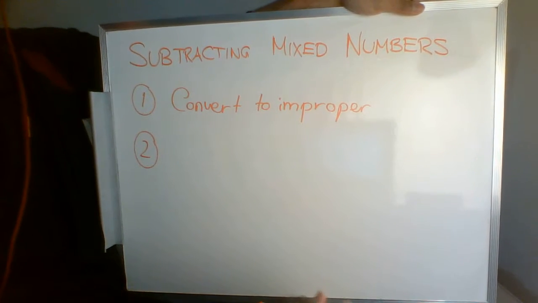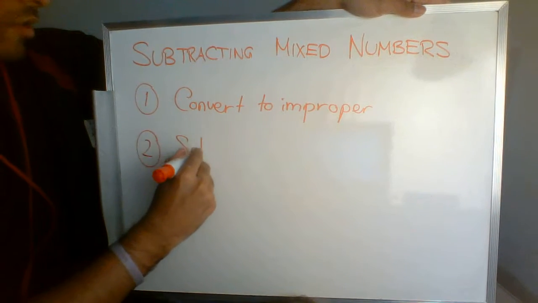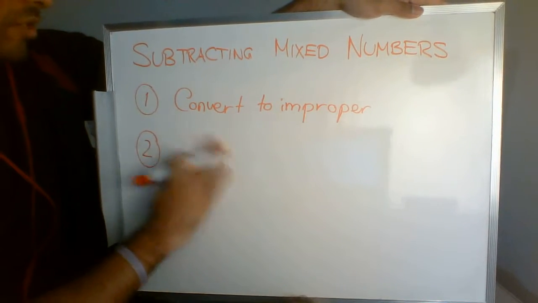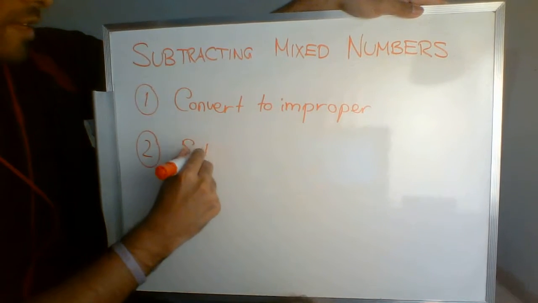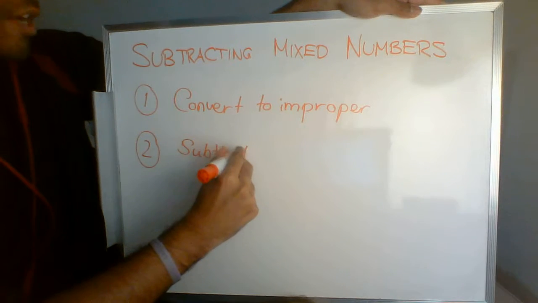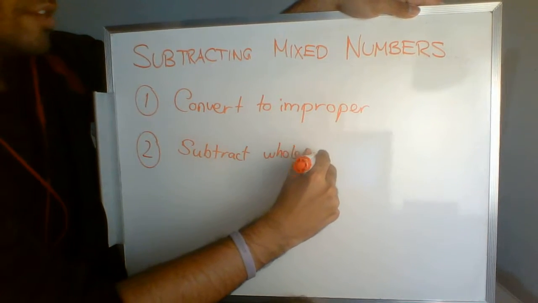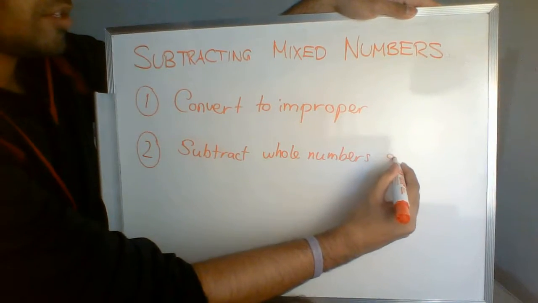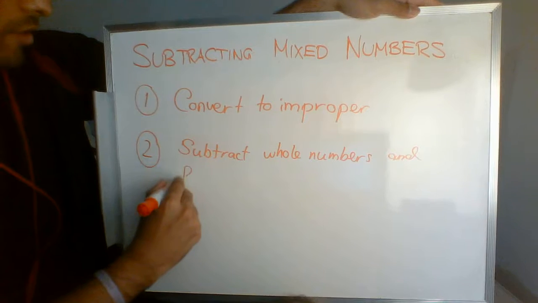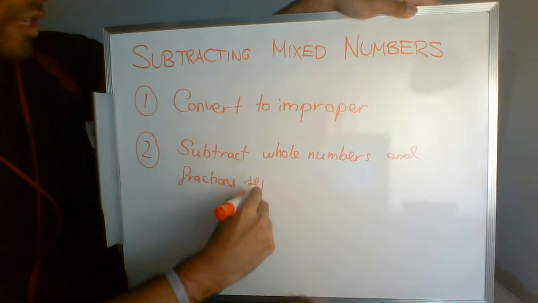The other way you could do it is that you'd add, or in this case subtract, since we're only talking about subtraction this time, you'd subtract the whole numbers and the fractions separately. Right, subtract whole numbers and fractions separately.